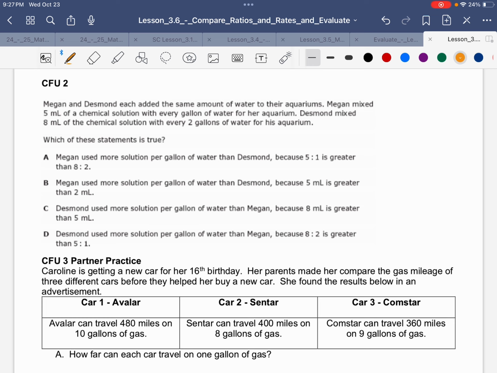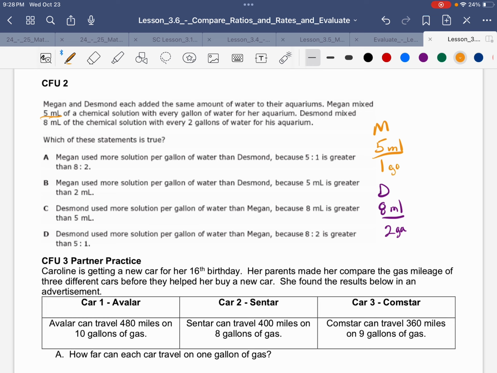So for this one, your real important thing is to look at the ratios. You don't just look at 5 milliliters and 8 milliliters. Write out your ratios. So Megan, she mixed 5 milliliters for every 1 gallon, right? Desmond, on the other hand, he mixed 8 milliliters for every 2 gallons, right?